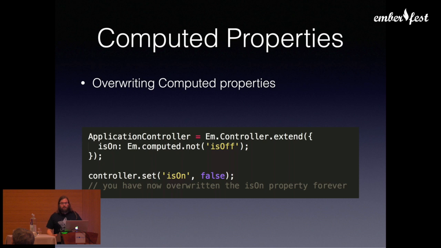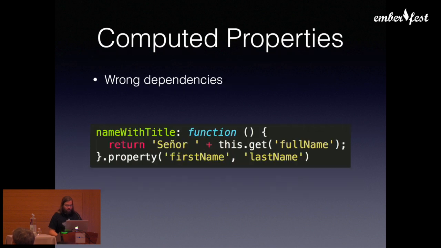You can fix this by giving the computed property helper a function with 3 arguments, which are the attribute name, the value, and the old value. That way you get setters on your computed properties that won't get overwritten when you call .set. The Ember.computed documentation goes through it in great detail.